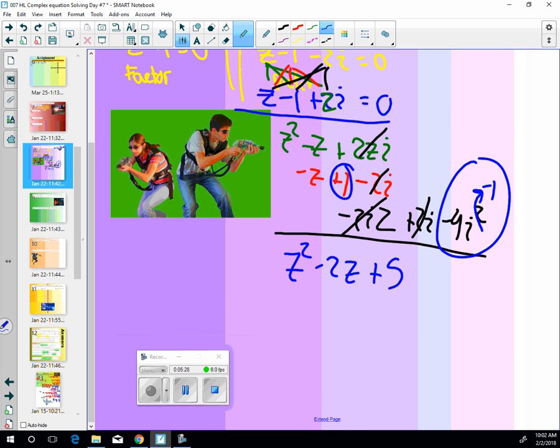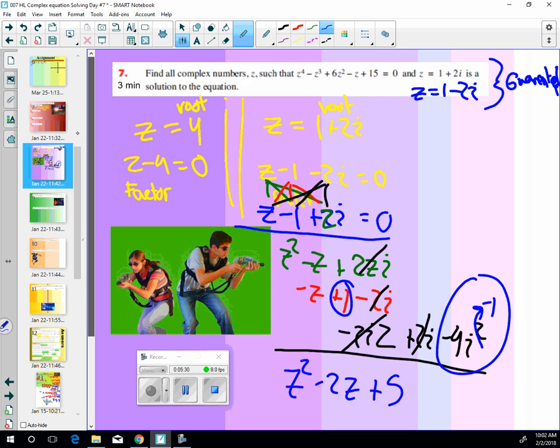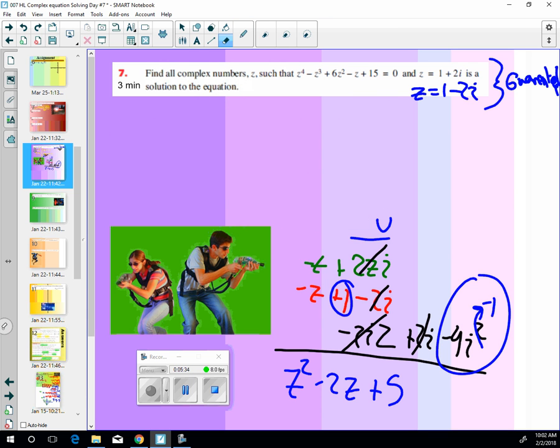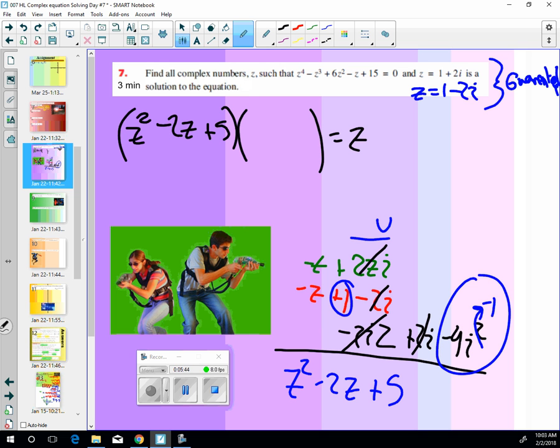Then all you have to do, going up to this spot, is you say, okay, z squared minus 2z plus 5 times what is equal to z to the 4th minus z cubed plus 6z squared plus 15.